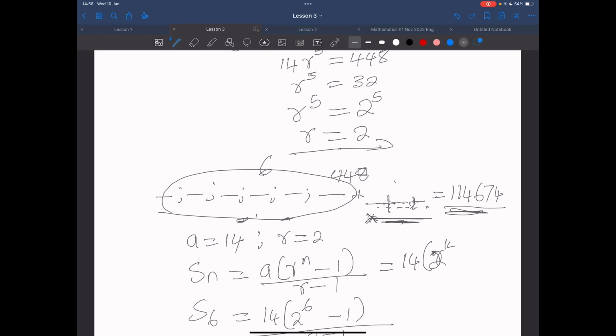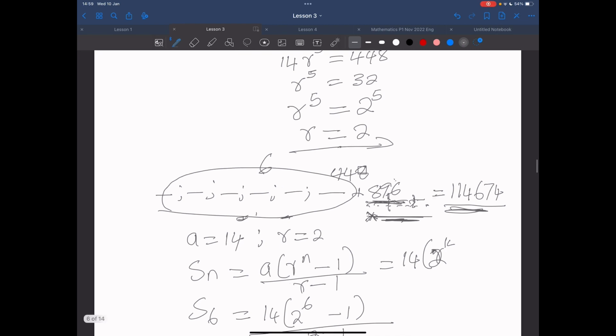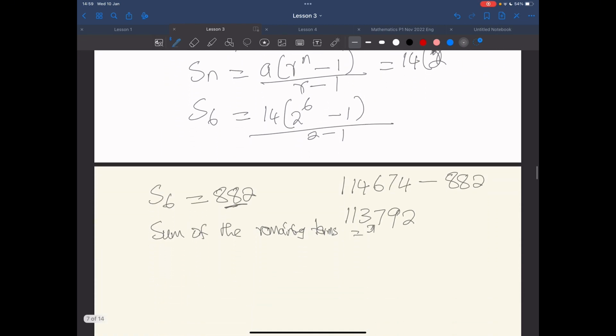So we take 448 and multiply it by 2, which gives the first term of the series starting here. 448 times 2 is 896. So we take this as our first term, 896, and then check how many terms there are. So term number 1, which is A, is 896, and R is 2.